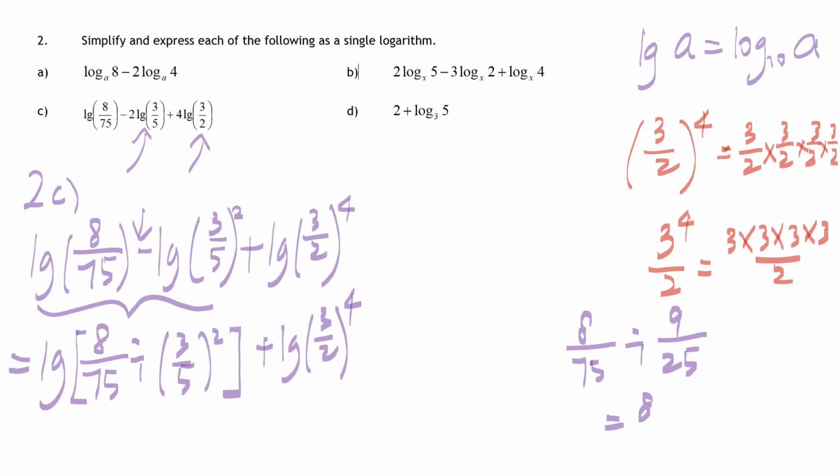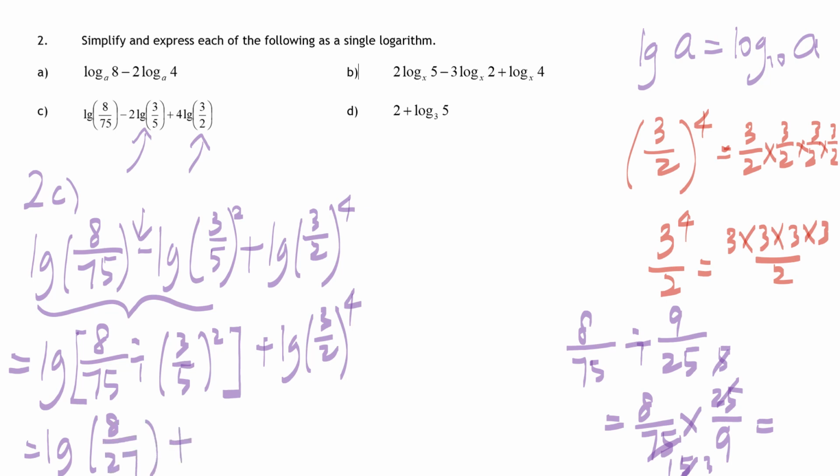Then you change your division sign to multiplication, flip your 9 over 25 into 25 over 9, and that will give you 5 times 5, 5 times 1, 5 times 5, oh, 3. That will give you 8 over 27. I think it's easier just to use a calculator.